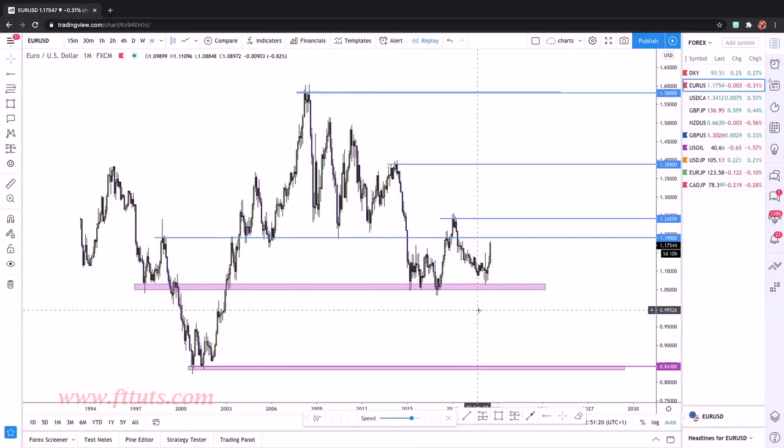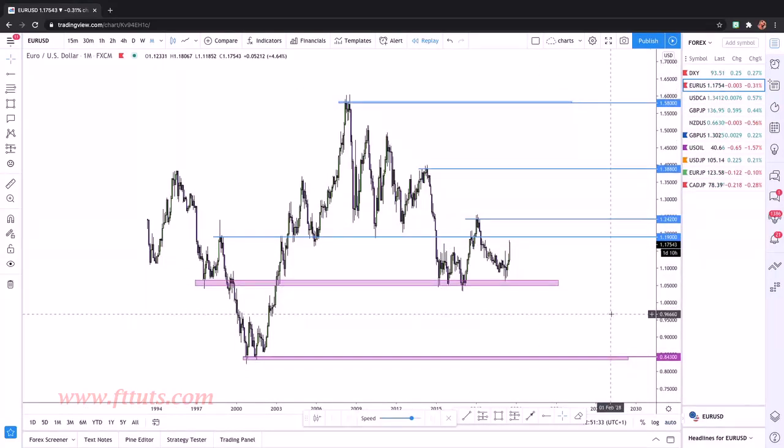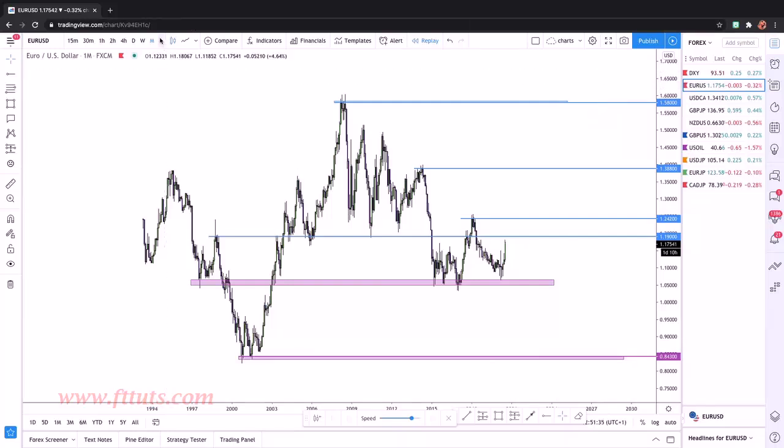So that's all you're doing. Like I said, you don't have to mark up every level, but you always want to stick to current price, right? So that's how you mark up the monthly levels.